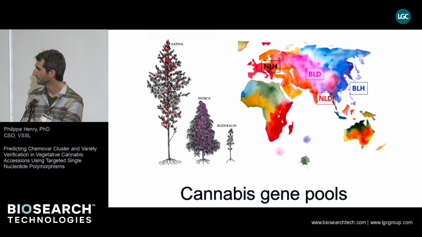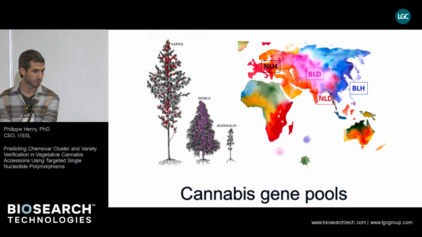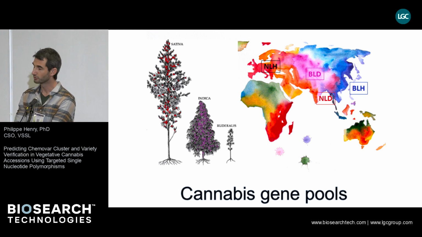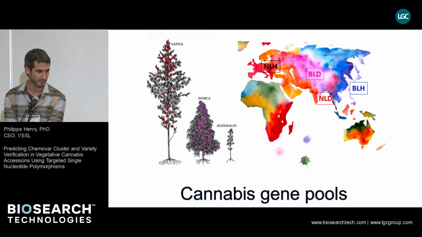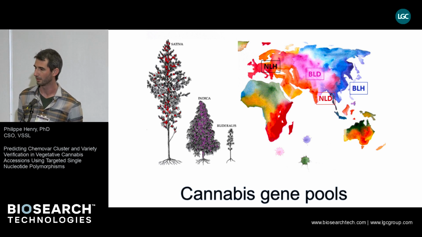But essentially, we have four main gene pools: European hemp, northern leaf hemp, summarized there as NLH, and then the drug type cannabis, where we have broadleaf and narrowleaf drug types, which are often referred to as indica and sativa when we're talking about the commercial varieties.